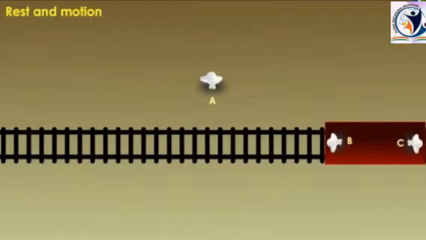So, from the above examples, we can understand that an object may be in motion with respect to another object, but may be stationary with respect to a third object. According to A, C is in motion, but in relation to B, C is stationary.